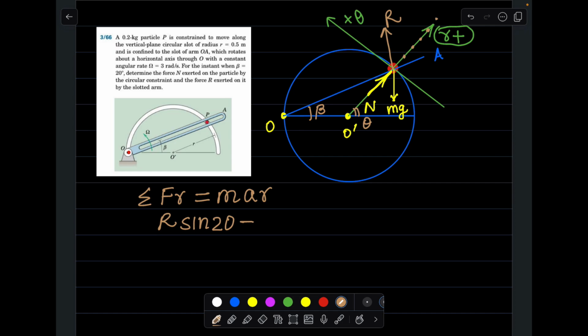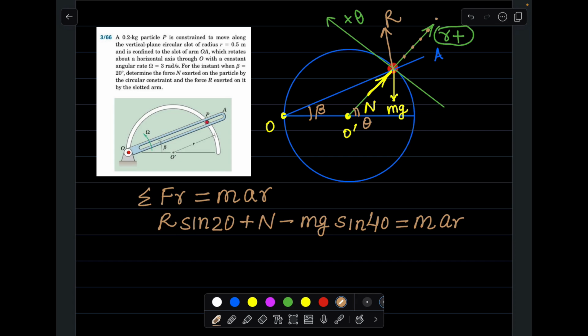Plus the normal force, you can see it is plus, it's going in the outward direction, and the mg component, mg sine 40, will be equal to m ar.